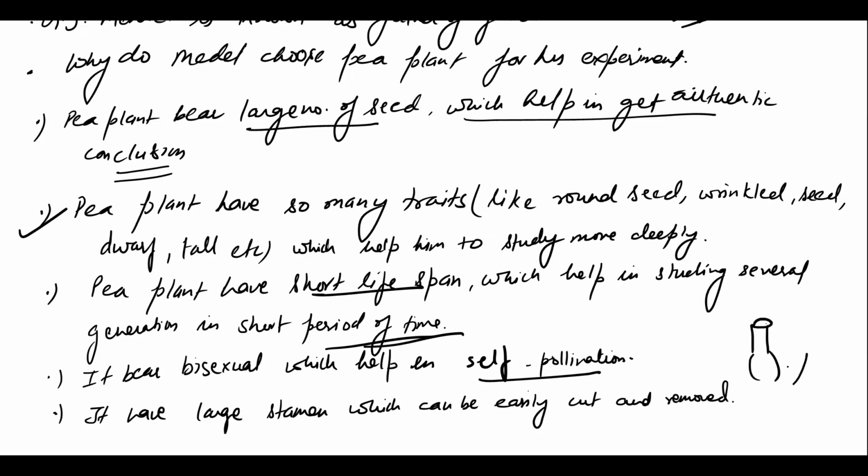In the initial stages, cut the stamen with scissors and you can do the cross pollination. So the large stamens can be easily cut and removed, which helps in cross pollination.